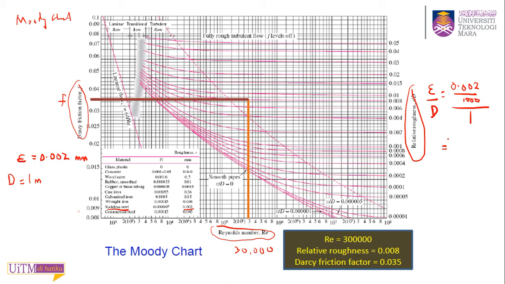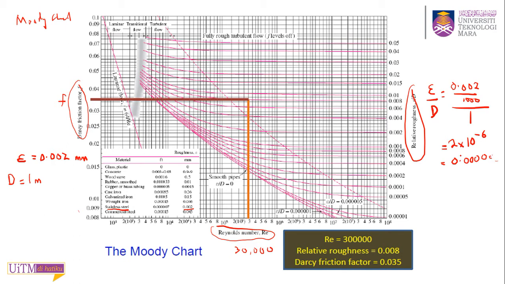You will get 2 times 10 to the power minus 6, or this is equal to 0.000012345, very long.